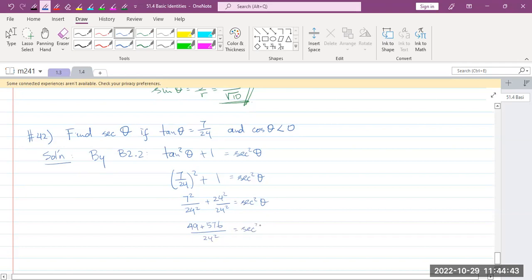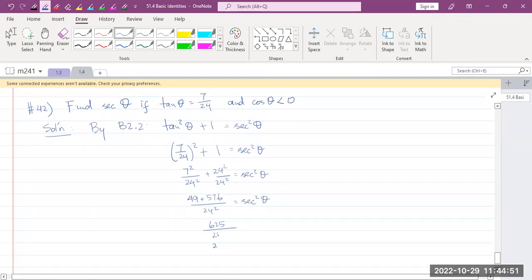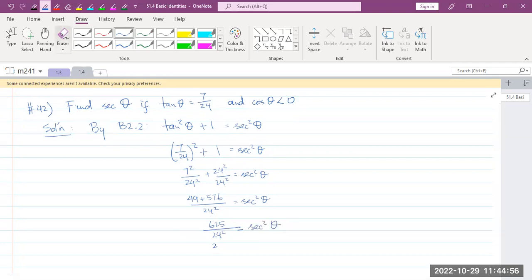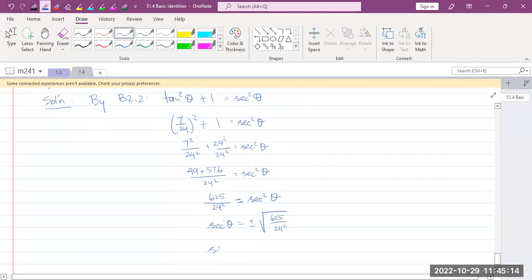That's secant squared theta, which is 625 over 24 squared. So when I apply the square root property, secant theta equals plus minus the square root of 625 over 24 squared. Don't forget the plus minus. So secant theta equals plus minus 25 over 24.